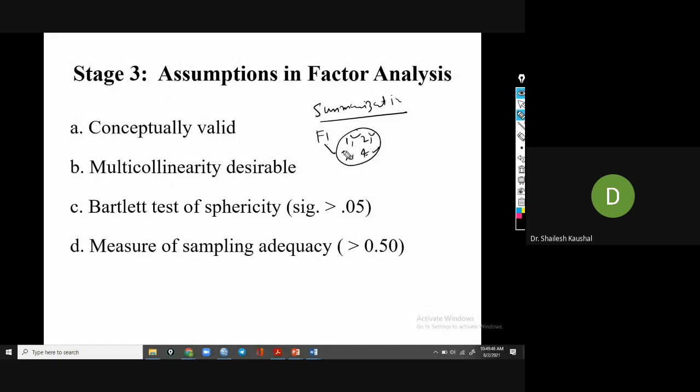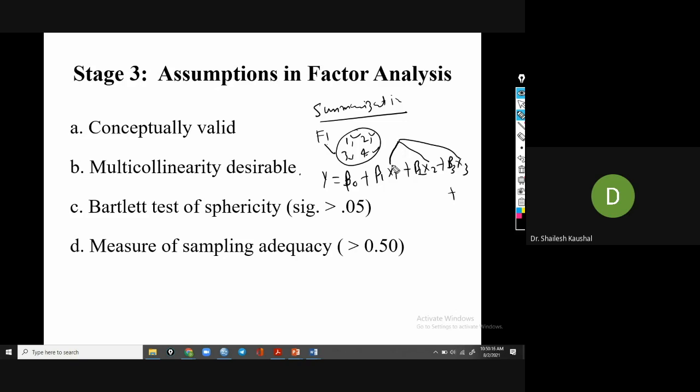Here multicollinearity is desirable, but multicollinearity is not desirable in multiple regression analysis. In multiple regression analysis, all the independent variables should be unrelated to the other variables: theoretically x1 unrelated to x2 and unrelated to x3.